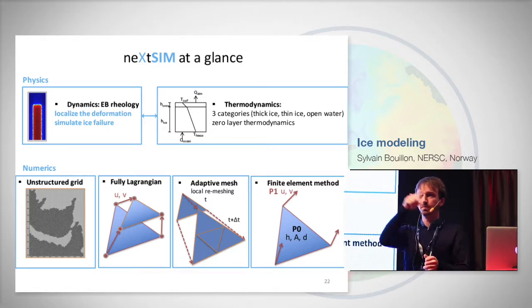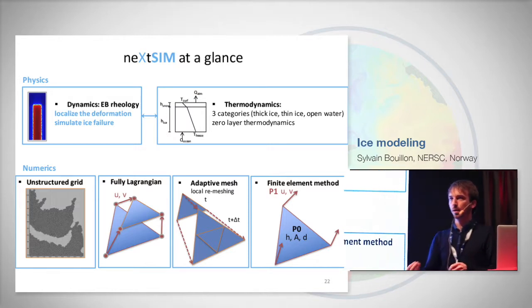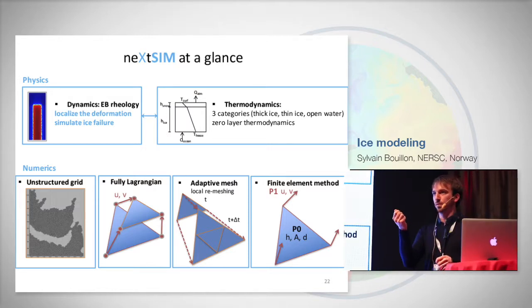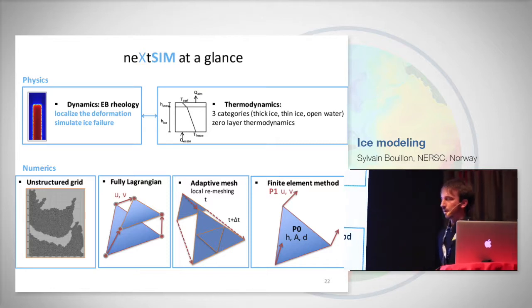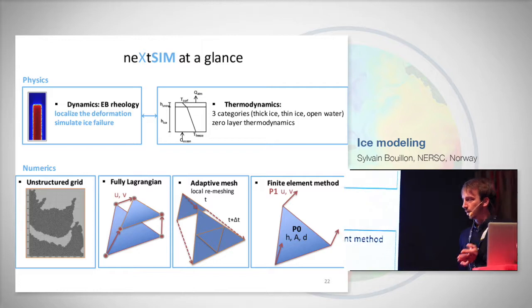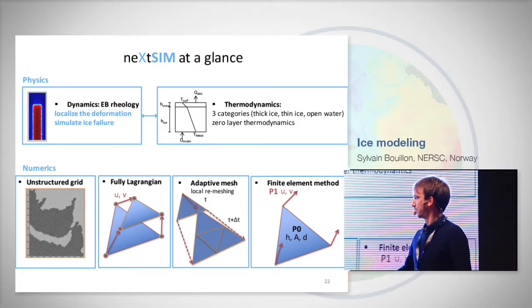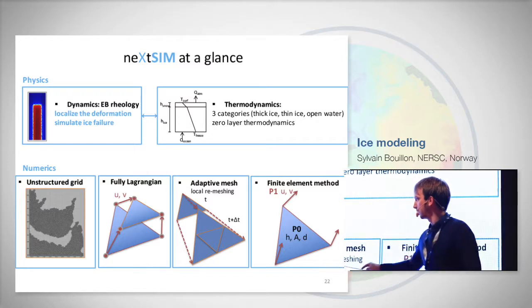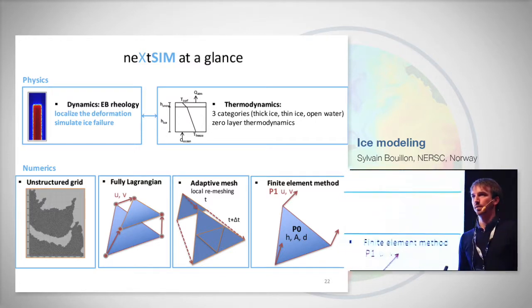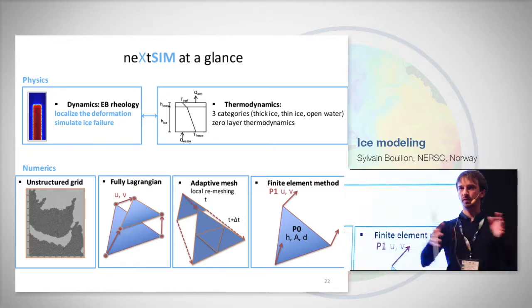It means that we will have sharp gradients in the simulated field, localized at the scale of the model. If you use a classical Eulerian advection scheme, it could be highly diffused because of numerical diffusion. So instead, we use a fully Lagrangian scheme, where the elements of the mesh are moving with the sea ice.